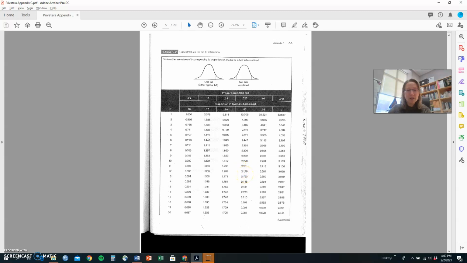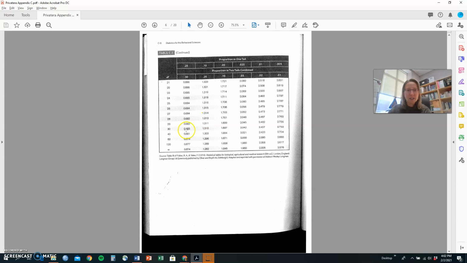If we had a larger sample, looking at the next page, say 30 degrees of freedom with two tails, then our value would be 2.04. If you're working with a large data set, above 120 people, then you would use the line for infinity, and that 0.05 alpha level with infinity, anything above 120, would be 1.96.